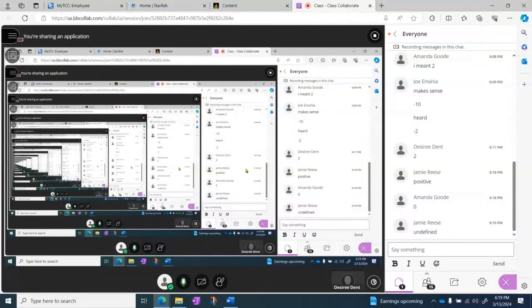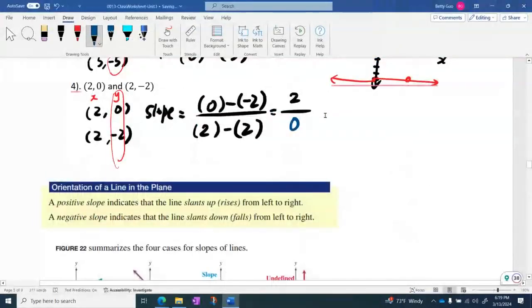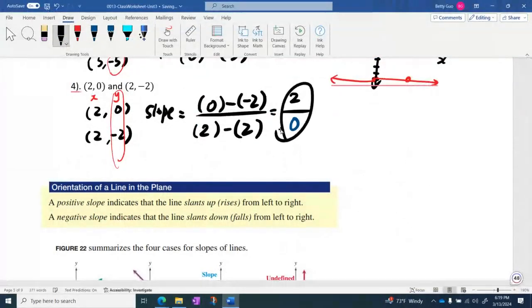Let me try on my phone. 2 divided by 0, error. It tells you error. What does that mean? It means the denominator cannot be 0. This number is undefined, does not exist.